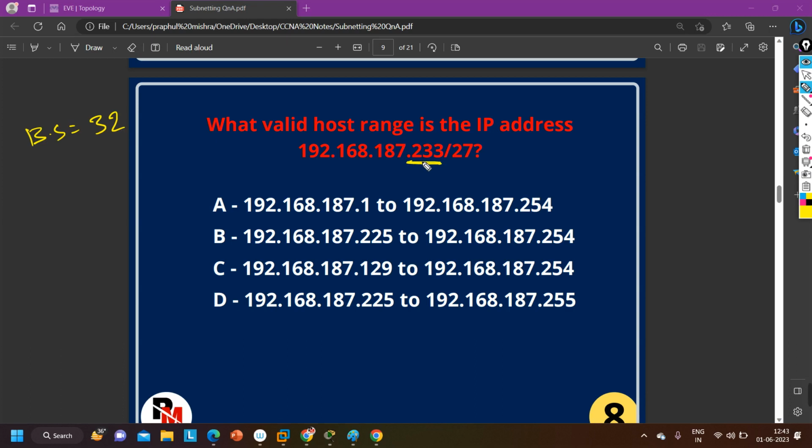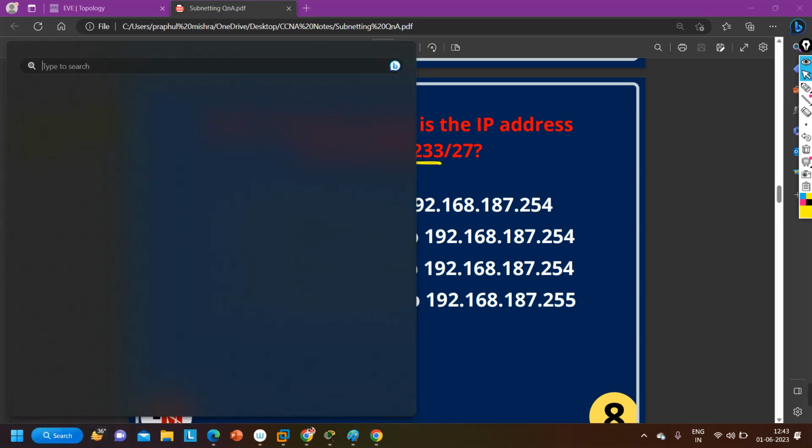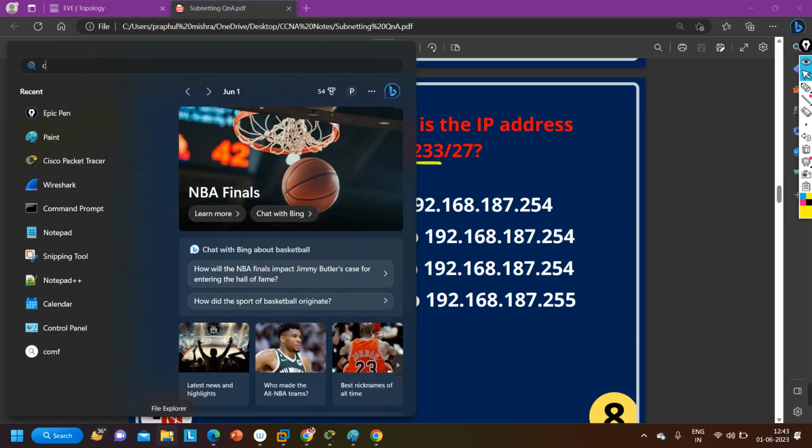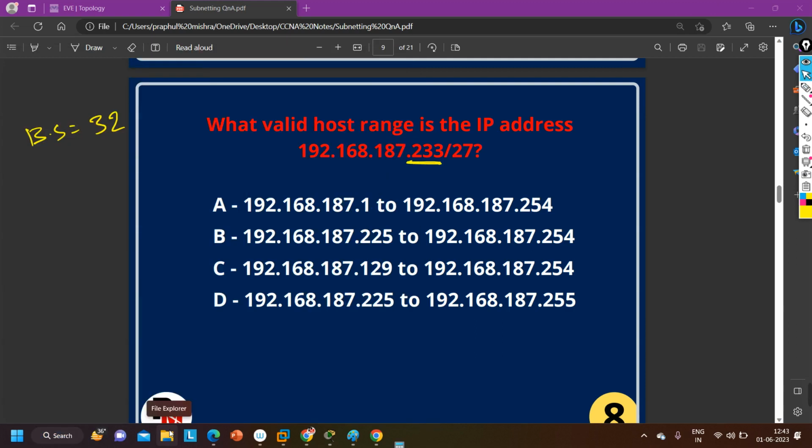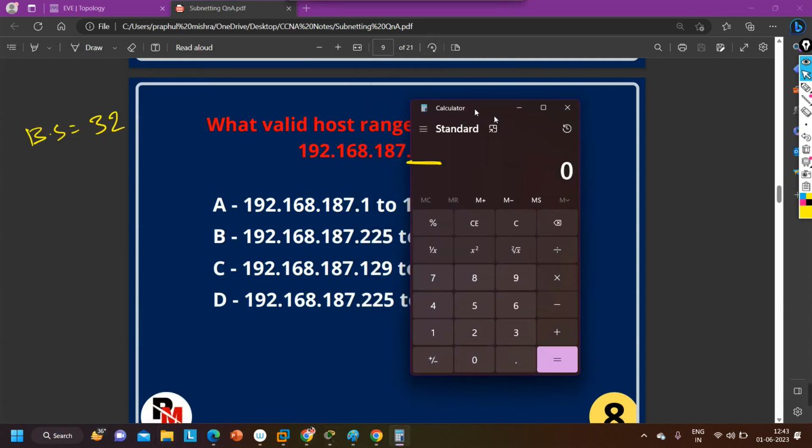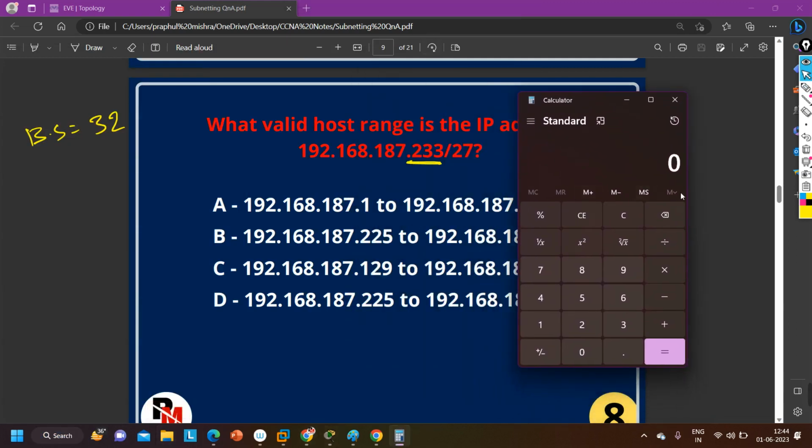So which number is divisible by this number and should be nearest? I can use a calculator. See how I am calculating the network ID of the IP address. I will divide 233 by 32.